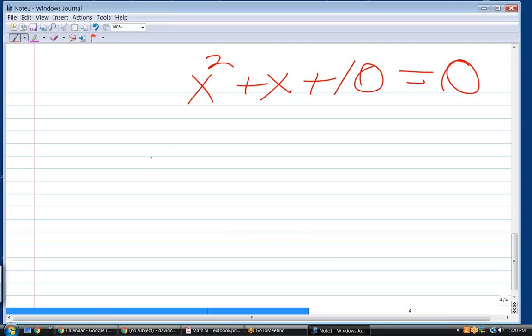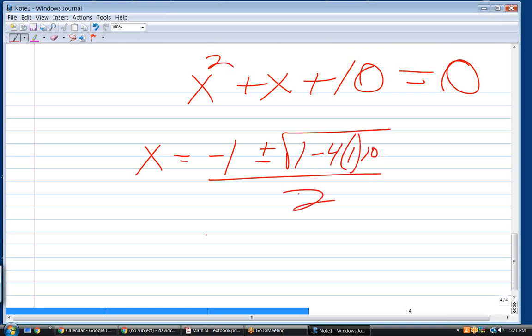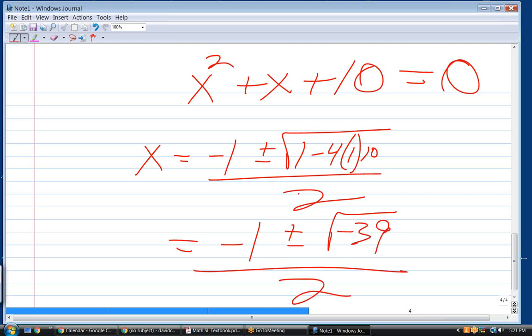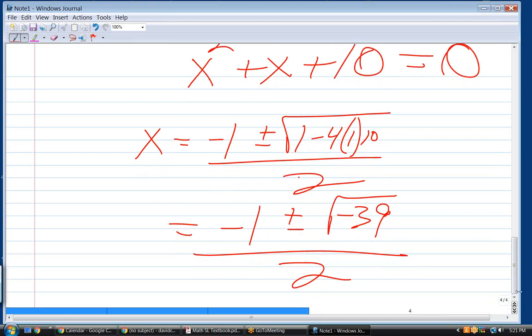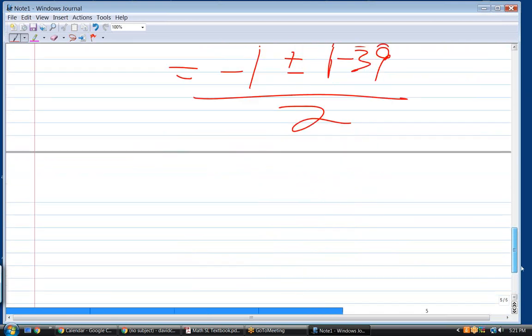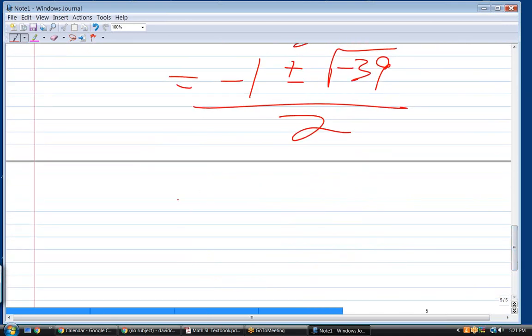Notice if I try to solve this, I get x equals minus 1, that's negative b, plus or minus the square root of 1 minus 4 times 1 times 10, all over 2. So I got minus 1 plus or minus the square root of negative 39 all over 2. So I have 2 complex solutions only.